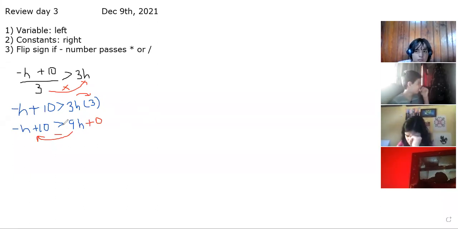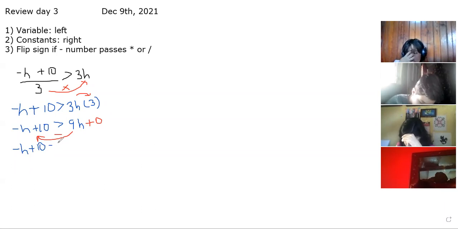Therefore, this 9h is positive, so it goes negative to the other side. And we're going to have now, remember to copy always what you have already on that side. So negative h plus 10 minus 9h is greater than 0 because the 0 remains alone, okay?